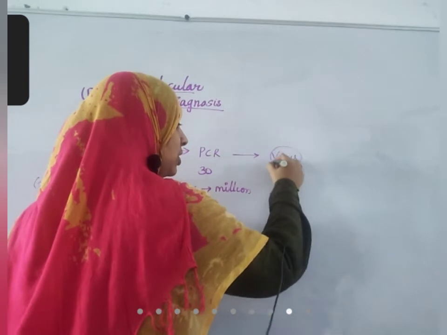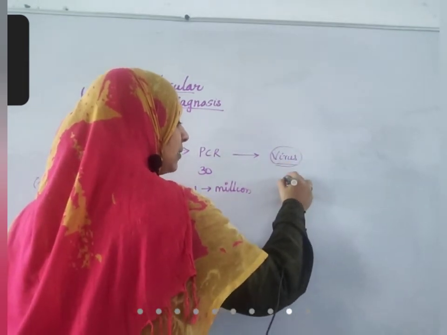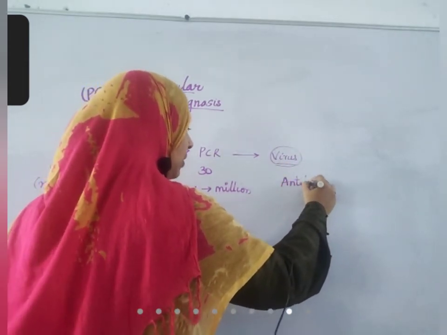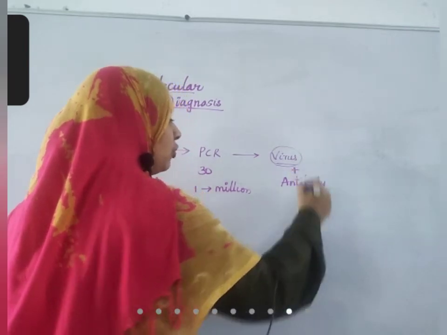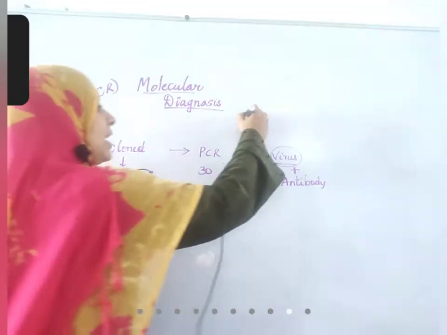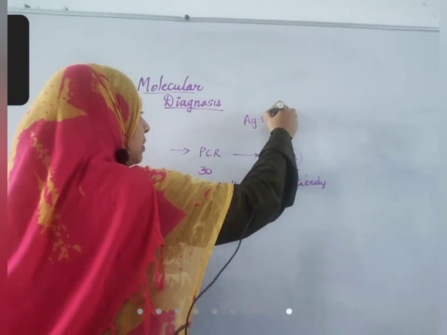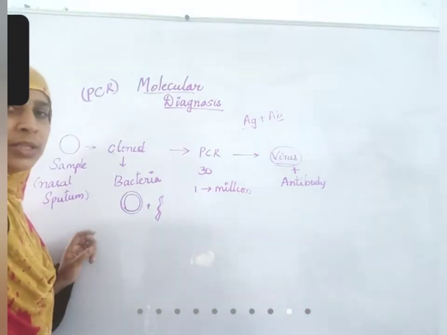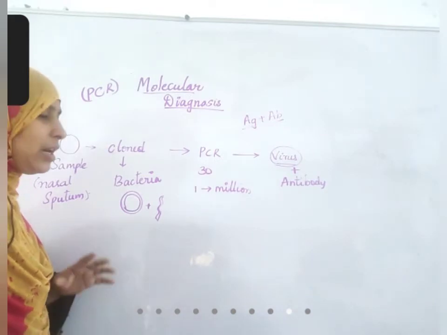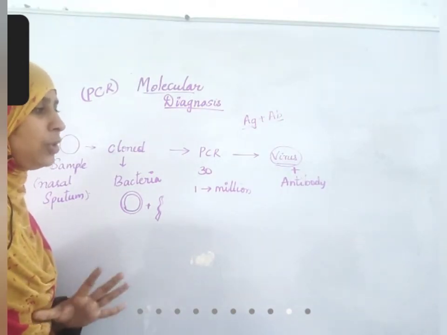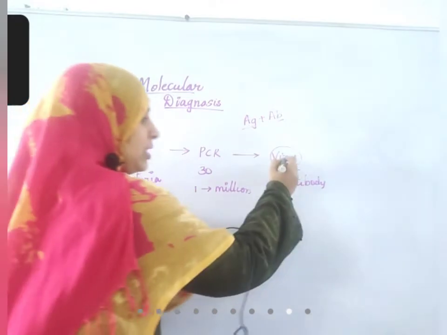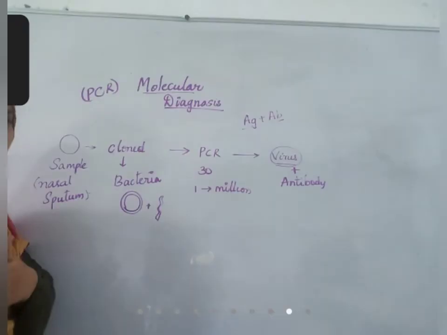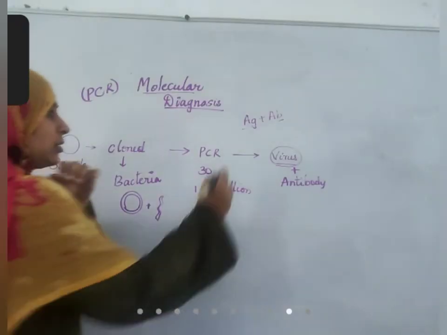This is a pathogen. For this, there will be an antibody. There is always an antigen-antibody reaction. Antibody always binds to antigen. That is a common rule. Wherever antigen is there, antibody will bind to it. This is an antigen present in our body. A virus has protein, so it is an antigen.